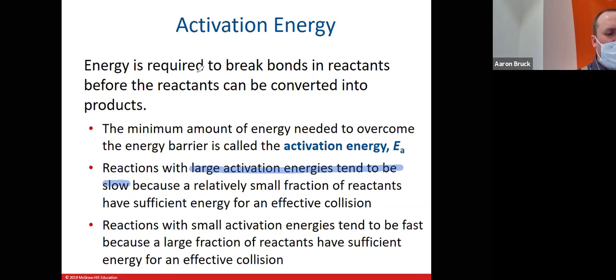From a collision theory standpoint, it's that sufficient energy aspect. If I have a large activation energy, it's going to require much more energy to get to that sufficient energy of collision to get the reaction to occur.